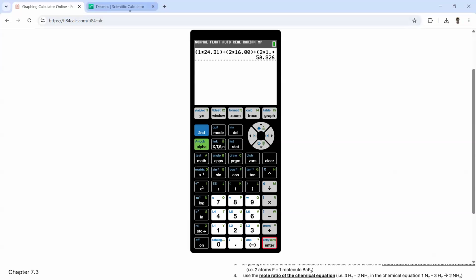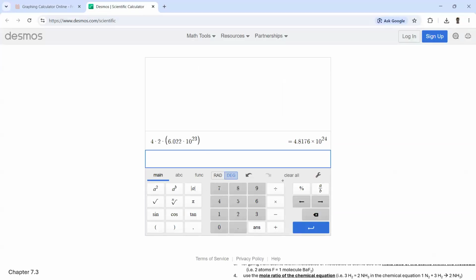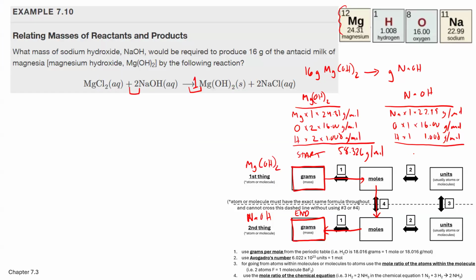So let's do another calculator. Let's clear this. 22.99 plus 16 for the oxygen plus for the hydrogen, 1.008, 39.998 grams per mole. Okay, so now we have our molar masses.